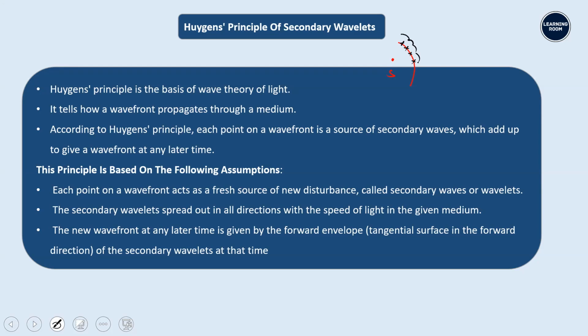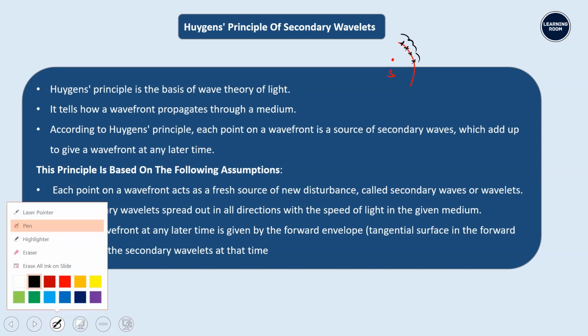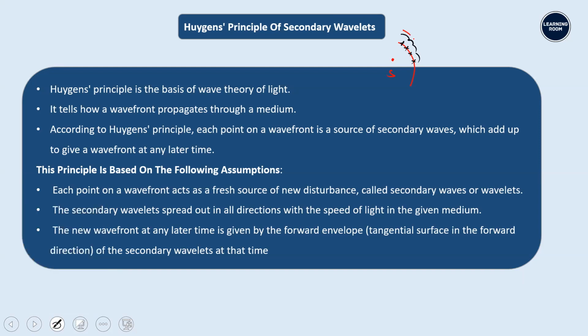If you draw a tangential surface to these wavelets, then you will get the new shape, and that new shape is the second wavefront generated by the first wave. So how is it going to look? It will be something like this. I have drawn the tangential surface. So the tangential surface to the secondary wavelets will generate the new wavefront.